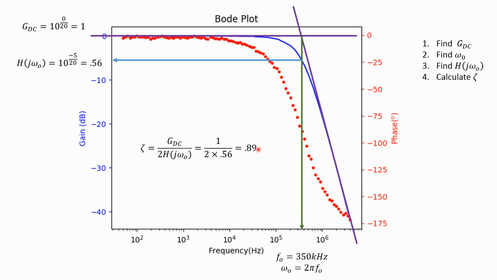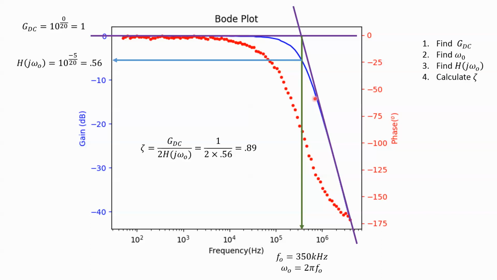So it's slightly underdamped, right? If this line was lower and hit at 6, then zeta would be about 1 and be critically damped. And if zeta was greater than 1, you'd start to see 2 breaks, right?